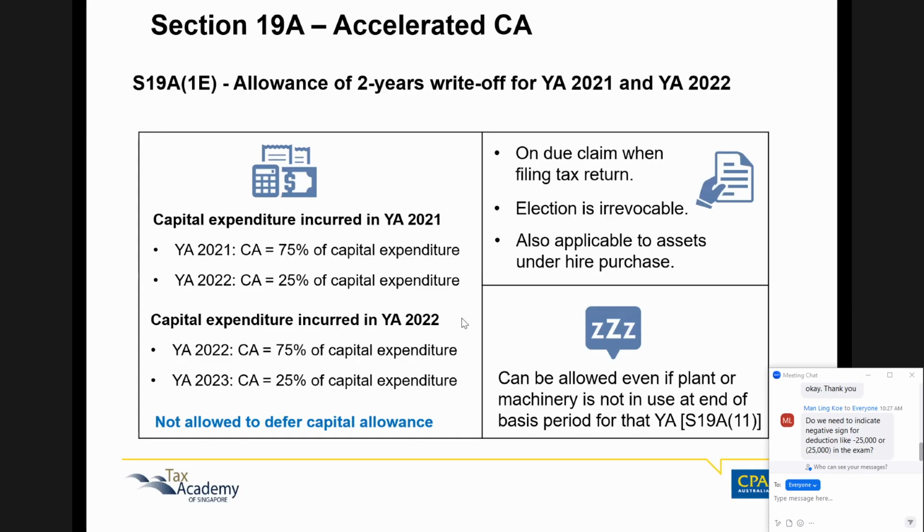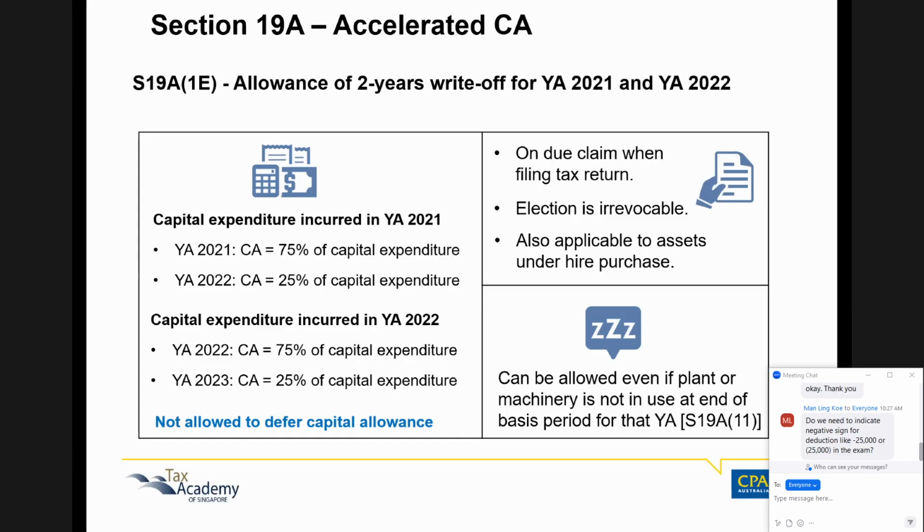Then for capital expenditure incurred in YA 2022, YA 2022 is your first year of claim, so you have to claim 75%, then the remaining 25% in YA 2023. So you already see that capital expenditure incurred in different years will hit your YA 2022 differently, depending on when the capital expenditure is incurred.